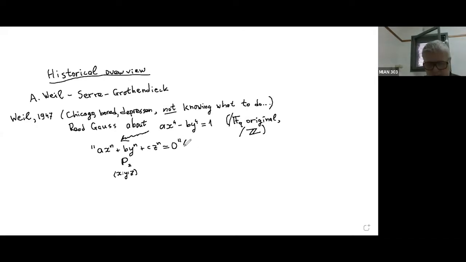Jump to the 20th century, where the story actually began. I mean, in studying these curves, the number of solutions of these curves, I just write down the number.